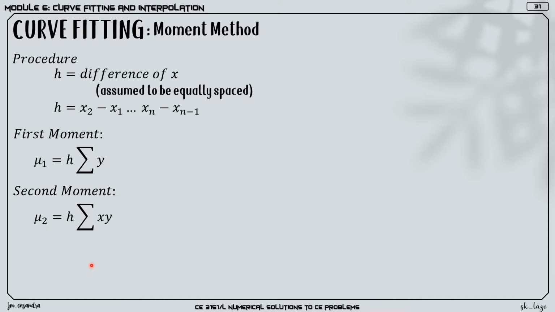If we have a linear equation, which has two coefficients, a and b, we'll only need the first and second moment. But if we have an equation of a curve with three coefficients, a, b, and c, we will now require a third moment, mu sub 3, which is computed as h times the sum of x squared y.